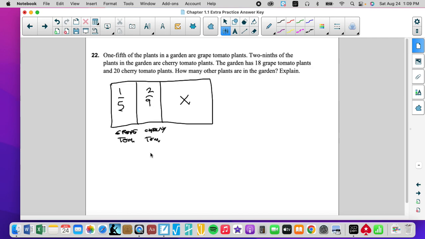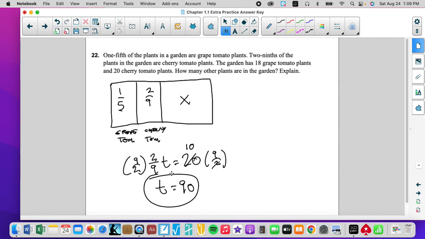So 2/9 of the total equals 20, right? So if I multiply that by 9 seconds, we get total equals 90, right? 2 goes in 10, 90.